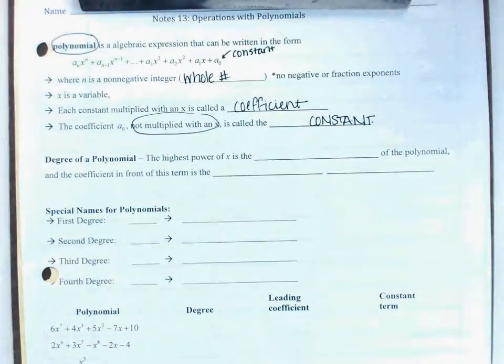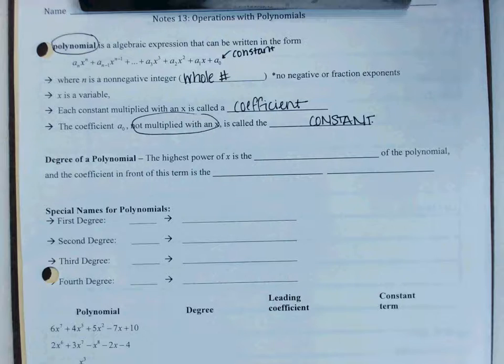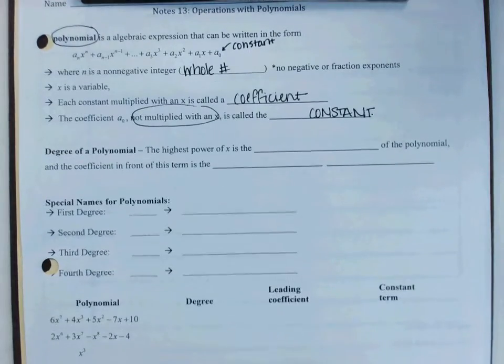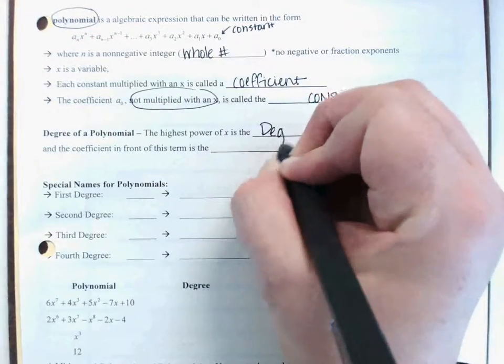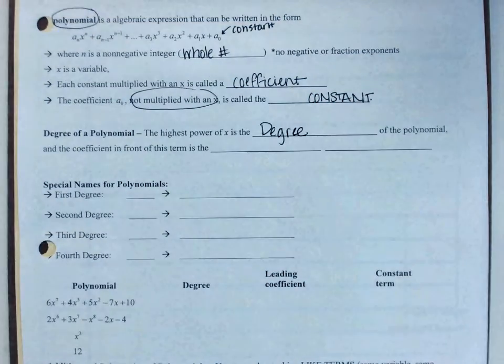So what that means is that if any of your equations have fractions as exponents, nope, not a polynomial. If they have a negative exponent, nope, not a polynomial. So the degree of a polynomial is the highest power of x, that is the degree of the polynomial.